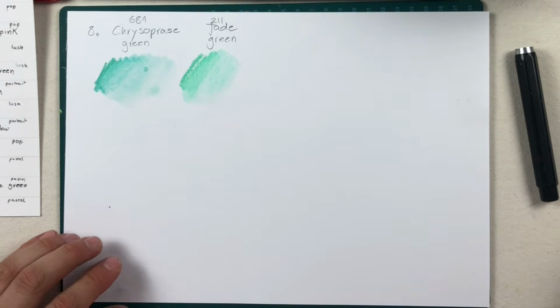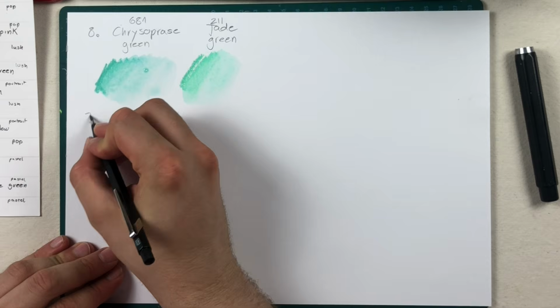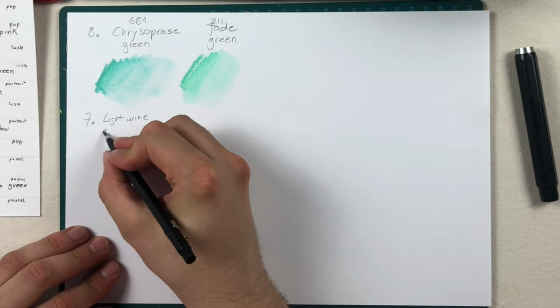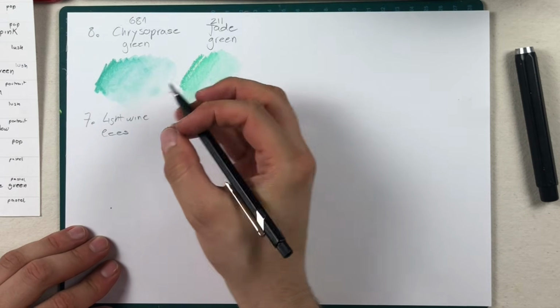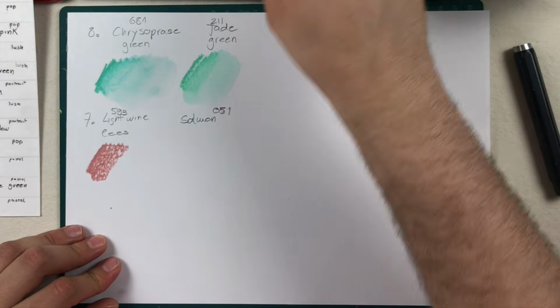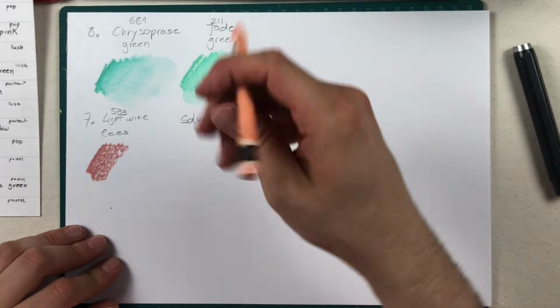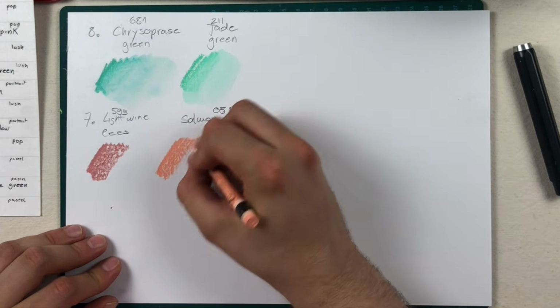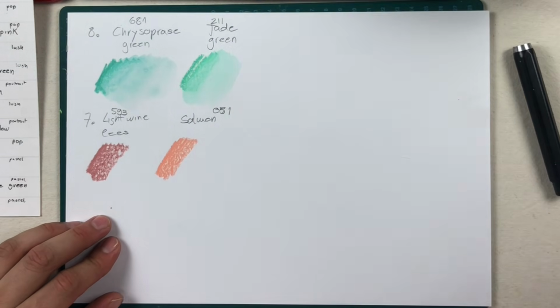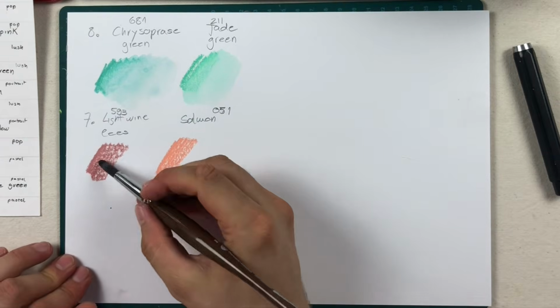That's my guess. Then 7th place, Light Wine Lees with Salmon. This Light Wine Lees is a bit darker and is also less saturated in my eyes.